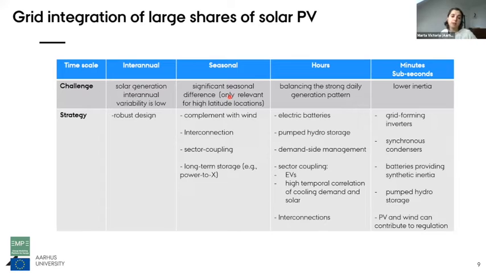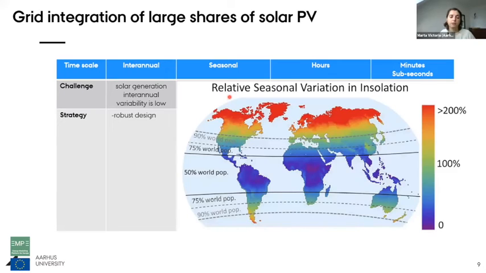This is a real challenge, but it's only extremely important for northern latitudes. We should reflect that today, most of the world population and most of the areas where energy demand is expected to increase are located very close to the equator. And in this region, the seasonal challenge is not as significant as it would be in Northern Europe.